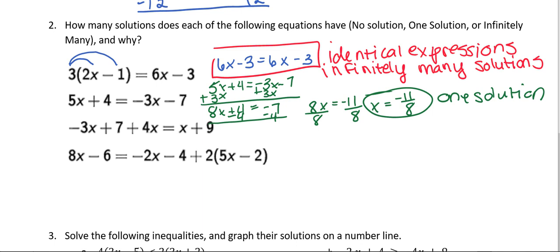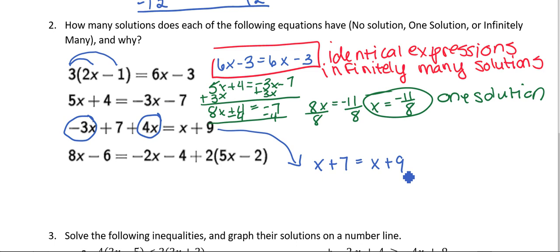Okay, moving on to negative 3x plus 7 plus 4x equals x plus 9. I'm going to do that down here. So first I'm going to combine my negative 3x and my 4x, which makes x. And I'm going to have x plus 7 equals x plus 9. So I can already tell that this is going to be no solution. One reason I can tell is that the coefficients of my variable are the same.